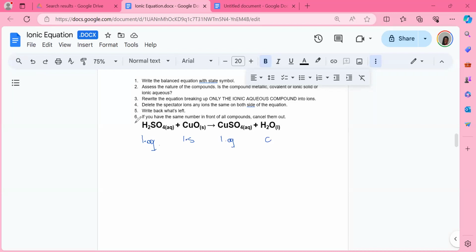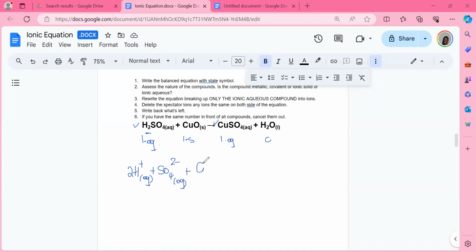I am going to break up aqueous ionic compounds into ions. So here I have H2SO4. That's what I'm breaking up, and copper sulfate. So when I break up H2SO4 into ions, in this compound I have 2 hydrogen ions. The 2 goes in front. So it's 2H plus aqueous. And then I have a sulfate ion. The formula of the sulfate ion is SO4 2 minus aqueous.